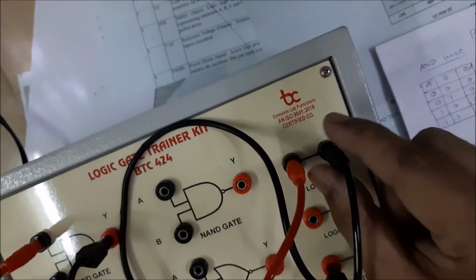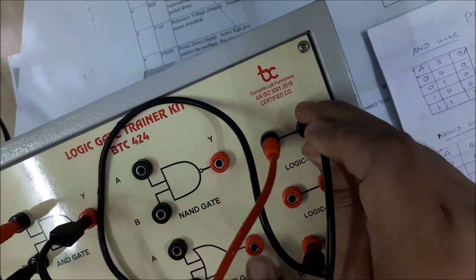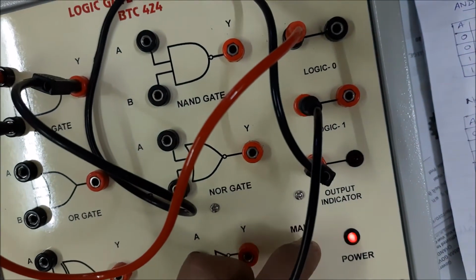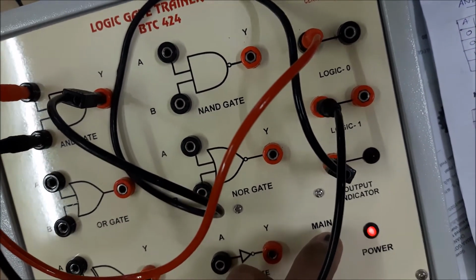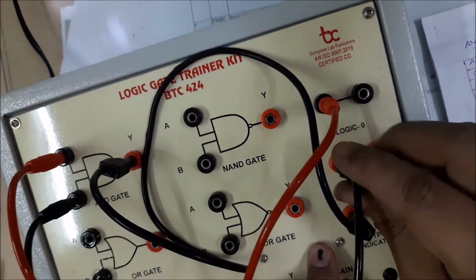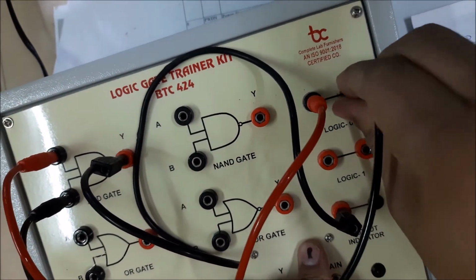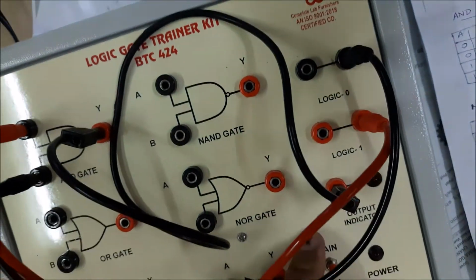Again, I am changing input B to 1. Again I am switching on, power is on, but the output indicator is 0. Now further I will keep input B as 0 and change input A to logic 1.